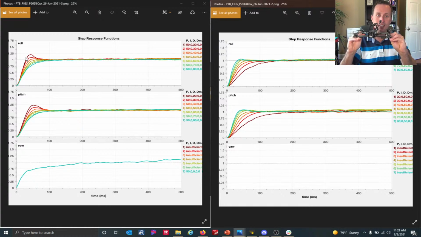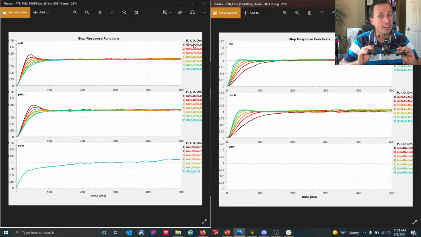When he did that on this one here, this dark red one, when P is 50 and D is 20, what this plot is showing is that the quad, instead of going like this to just follow his sticks, actually went like this, went past it a little bit, and then bounced back. That's what we call bounce back, right? So it went whoop, whoop, like that.